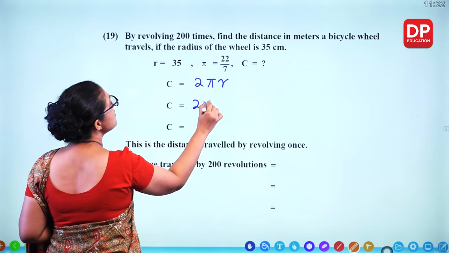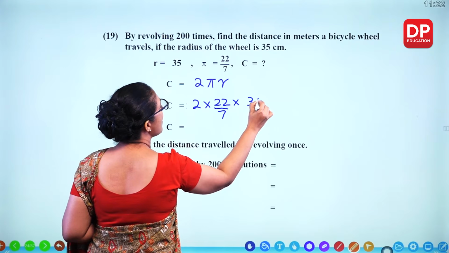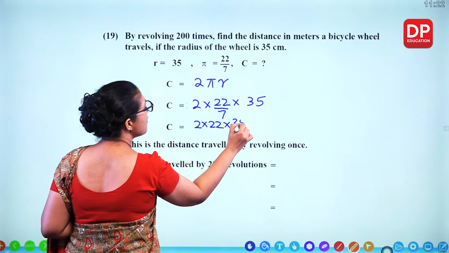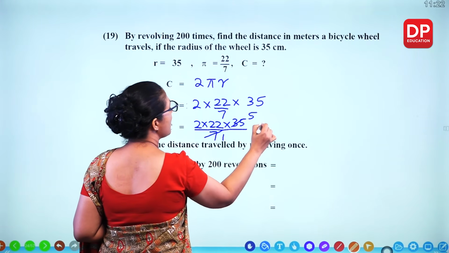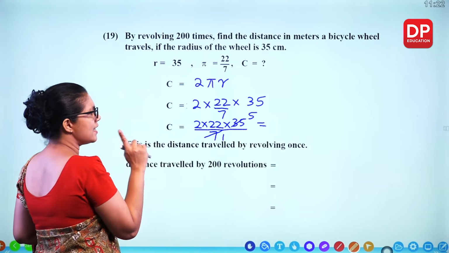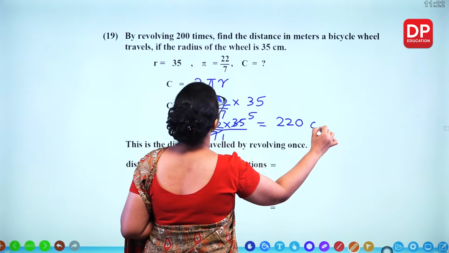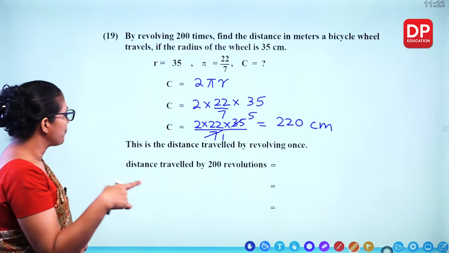So 2 times pi is 22/7 and r is 35. So what's the value? 2 times 22 times 35 divided by 7. 7 times 1 and 5. Here 5 times 2, 10. 10 into 22, 220 centimeters. This is for one revolution.